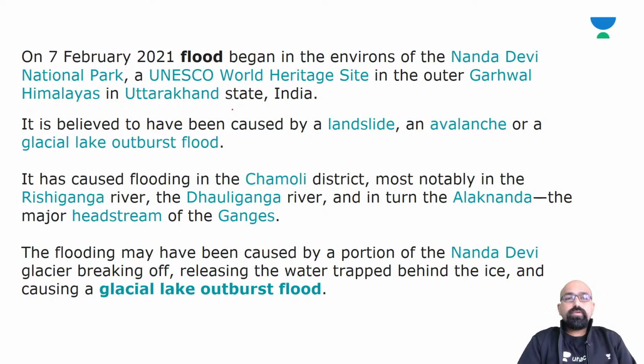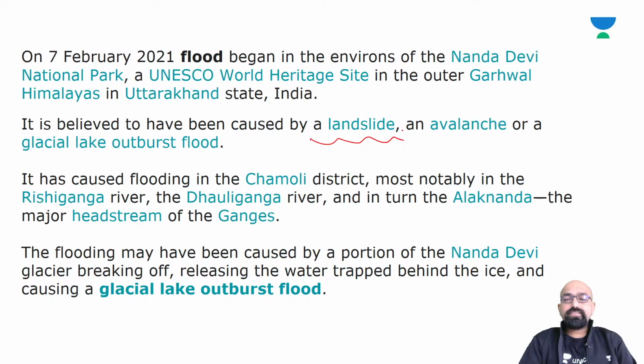Now, if we are talking about the flood, it began in the environs of the Nanda Devi National Park on 7th February, right? In the locality of the Outer Garhwal Himalayas in Uttarakhand. It is believed to have been caused by a landslide.